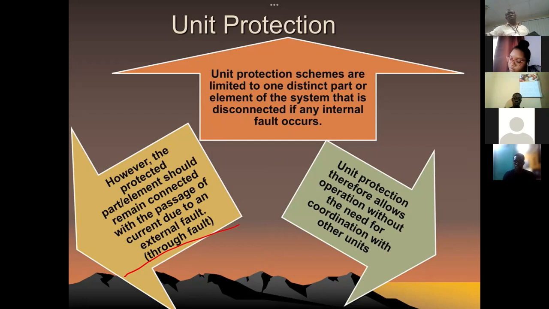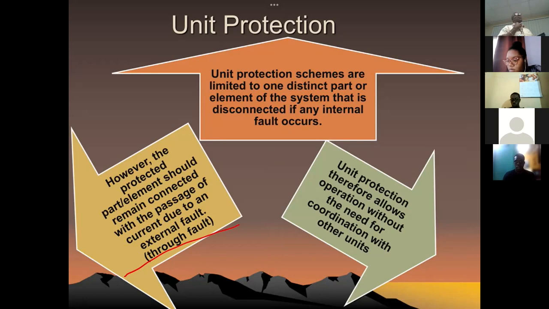The fault may be on 1 feeder. What you want to happen is that the protection on the faulted feeder should operate and the other 2 remain in operation. Fair enough? Now, if you were to remove the transformer, it means that you would have taken out all 3 feeders. So you want to be able to allow through fault current.